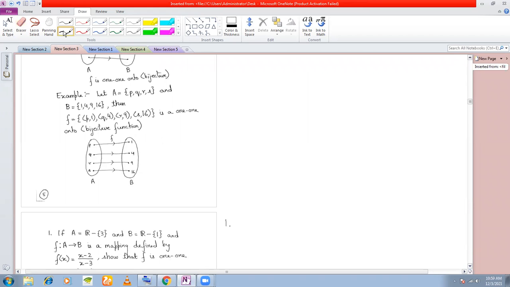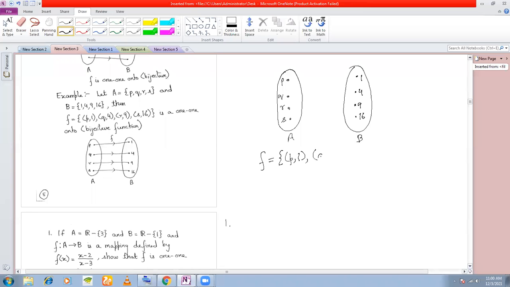Here I have also given you an example. Let's say A is {P, Q, R, S}, and B is the set {1, 4, 9, 16}. Then the function F here is the set of ordered pairs (P,1), (Q,4), (R,9), and (S,16).